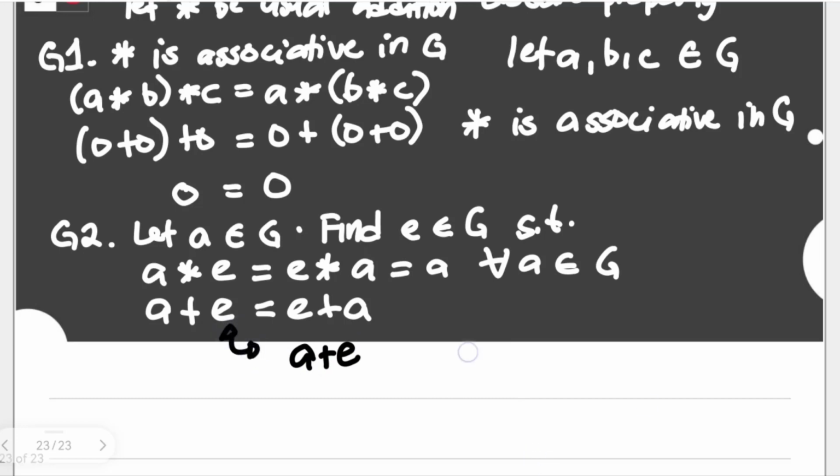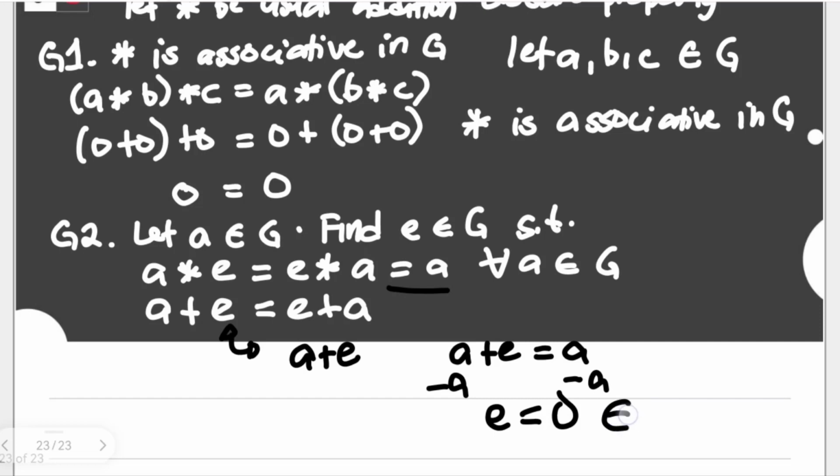If A plus E is equal to A, as indicated here, we can subtract A from both sides, and we have E is equal to 0. This is the identity element of this set, and of course, this is the only element of G. Therefore, we say that G2 is satisfied. If we could come up with another identity element aside from 0, then it's not part of the given set, and definitely G2 is not satisfied.